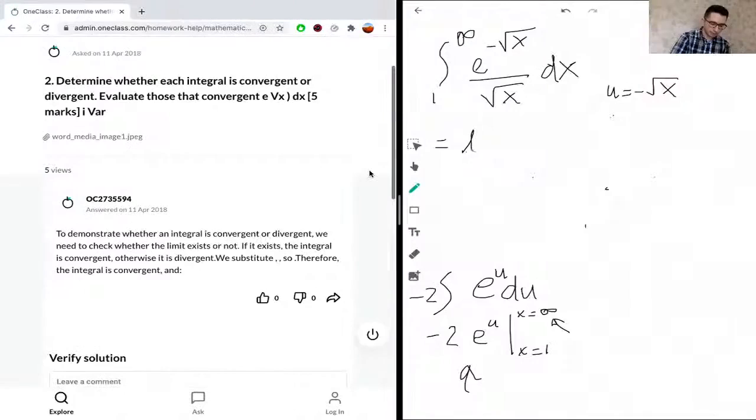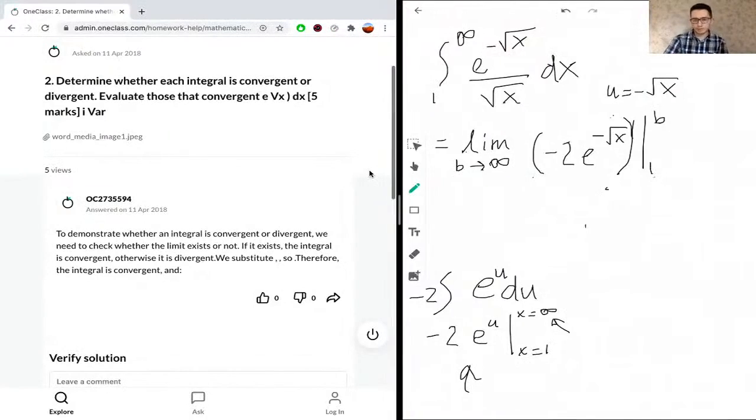So the limit as b tends to infinity of the function negative 2 e to the negative square root x, in brackets, from 1 to b.